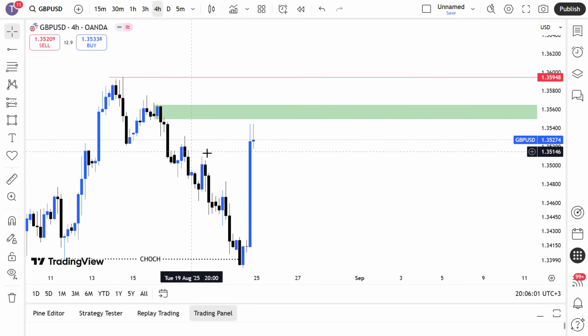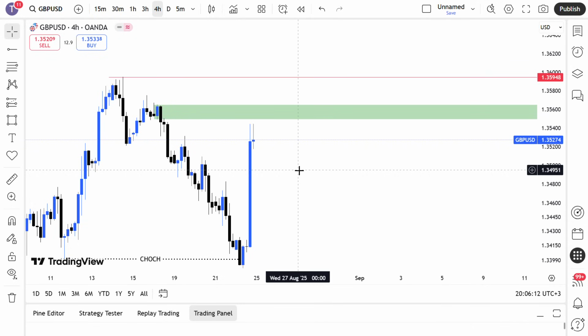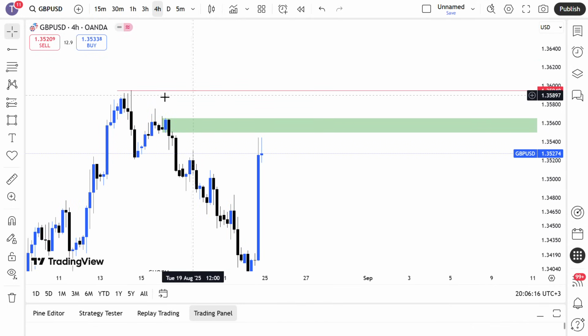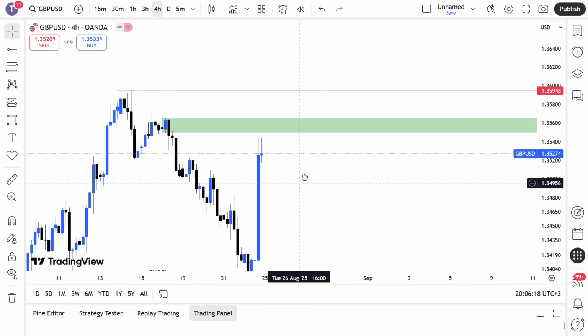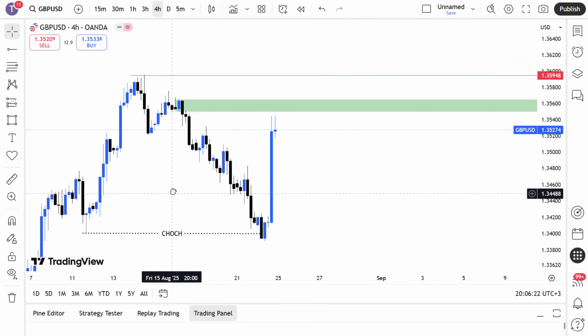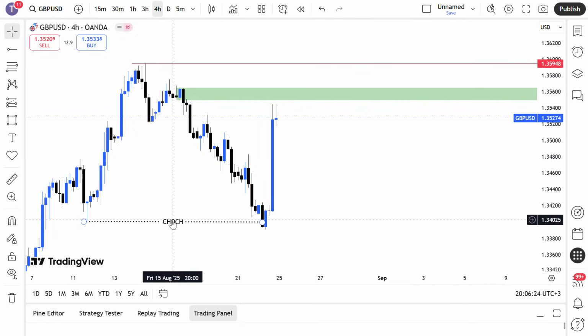So in this scenario, we don't have any order block in this area, and that means we will not enter because there is no point of interest. The market can just decide to go and clear this high, and that will mean that this is not a correct change of character.